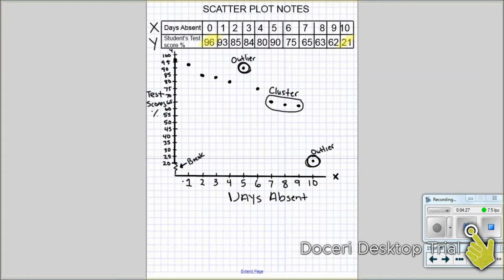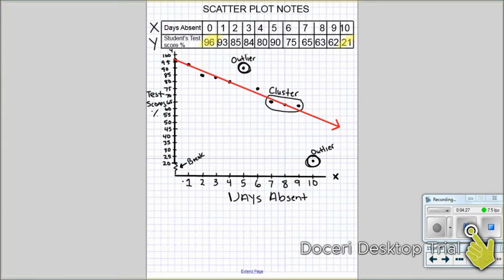Now again, with a line of best fit or a trend line, you're not going to be able to connect all the points. Your job is to draw a line that would go through as many points as possible. I'm going to demonstrate this for you. If I start here at 96 and draw a line, again, I'm not hitting every single point. I'm just showing which direction the information is moving.